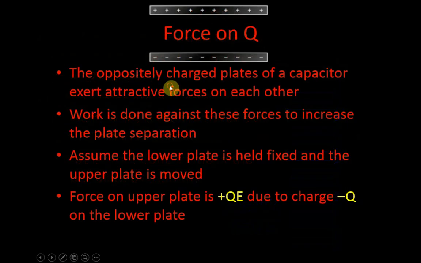Remember, the force on oppositely charged plates is going to be attractive between them. This is a negatively charged plate. This is a positively charged plate. They will want to get together and discharge between one another. So the force on the upper plate is positive QE due to the negative Q on the lower plate.